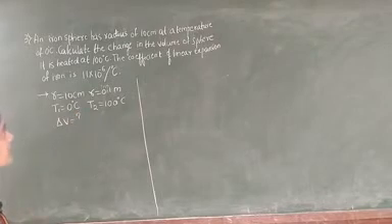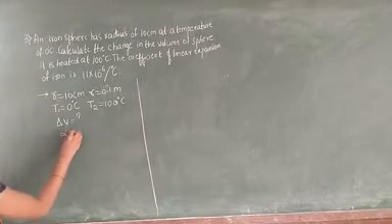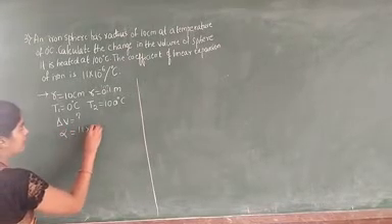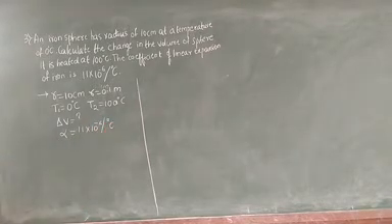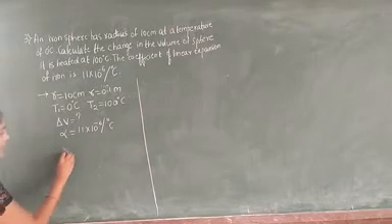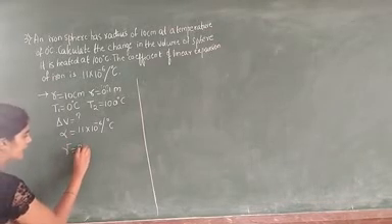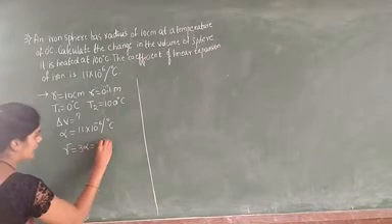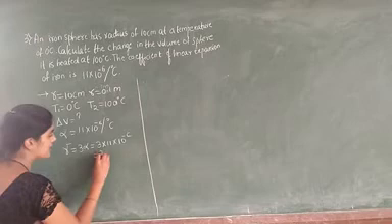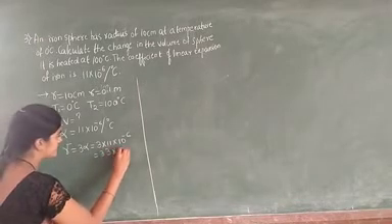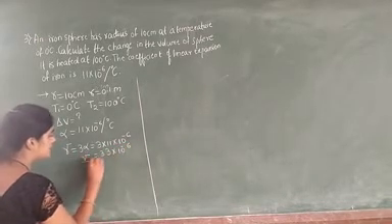Next, they have given that the coefficient of the linear expansion, that is alpha, is equal to 11 into 10 raised to minus 6 per degree Celsius. Now gamma is equal to 3 into alpha. Therefore 3 into 11 into 10 raised to minus 6 is equal to 33 into 10 raised to minus 6, the value of the gamma.